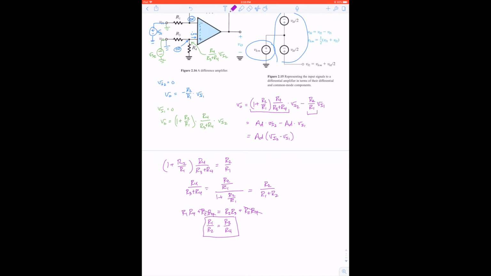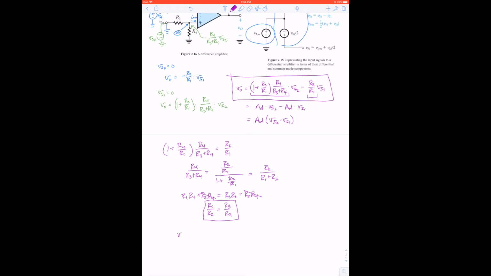Now, if we're interested in finding the common mode gain, that is when we provide the same signal to both inputs. We can use the expression that we already derived up here that I'm going to box in, and just set Vin1 and Vin2 equal to V common mode.